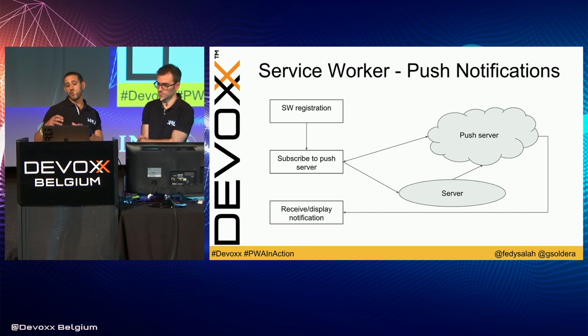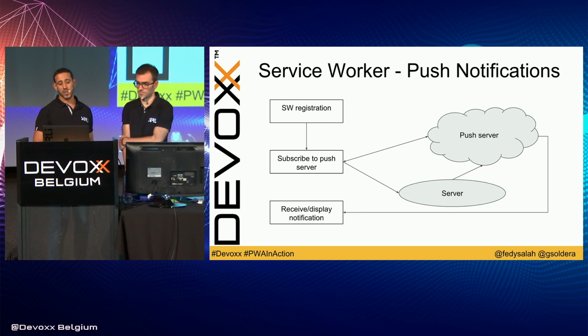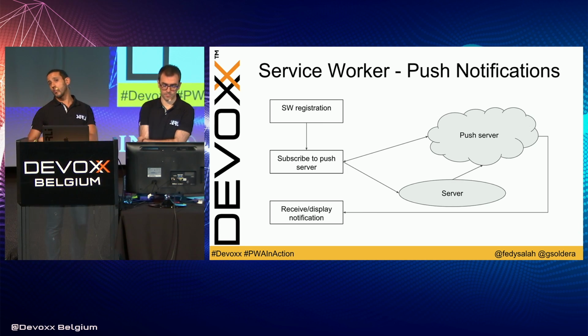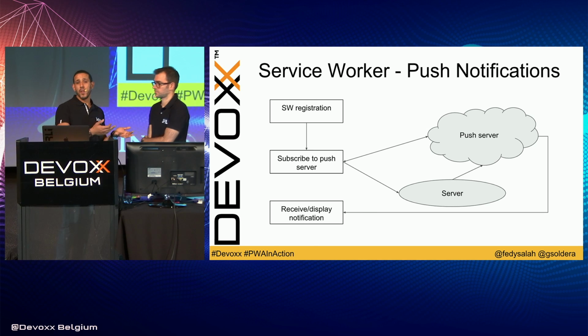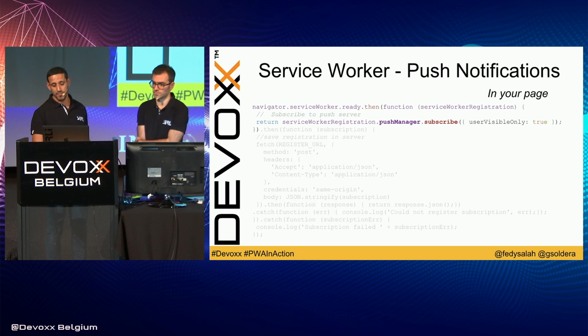Then this application server will use the subscription and send it to the push server, and this will send the notification, and it gets intercepted by the service worker, and the service worker will do stuff and display it, or just display it. It depends really on our implementation.